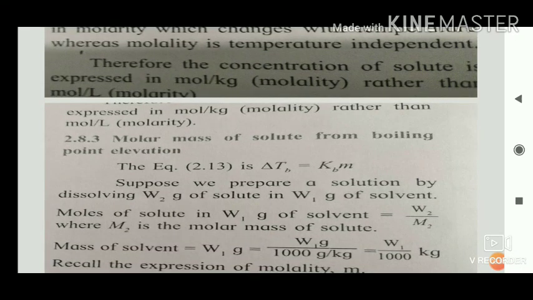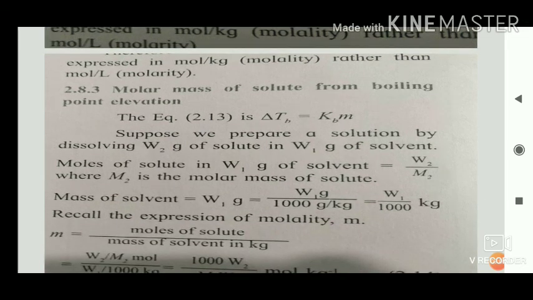Then we see the molar mass of solute from boiling point elevation. The equation is delta TB equal to KB into m. Suppose we prepare a solution by dissolving W2 gram of solute in W1 gram of solvent. Here W means weight, that is mass. 2 is used for solute and 1 is used for solvent.